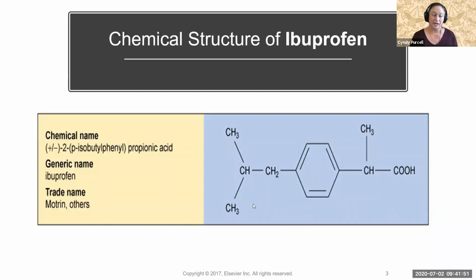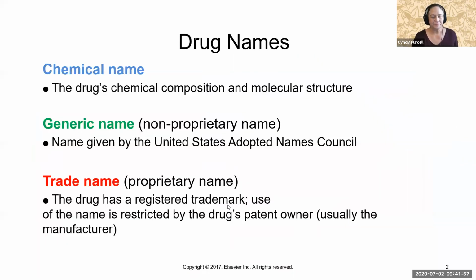It's much easier to say ibuprofen, or some people say Motrin or Advil. So back to this first slide. That's the chemical name. And unless you work in pharmacology with pharmacies and such, or in research, you're not going to be really encountering that name.